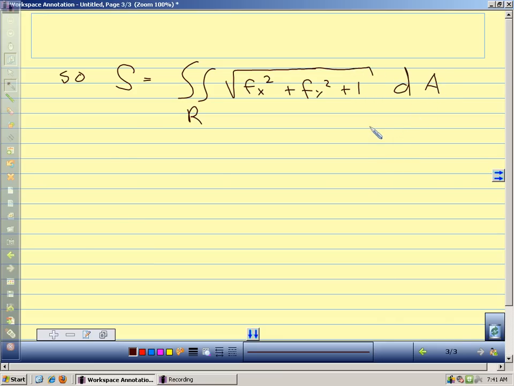Just like we did for arc length and for surface area of revolution, we're going to call this entire thing, this radical times dA, our surface area element. So if we want to write it shorthand, S equals the double integral over R of dS. And this whole thing is dS.